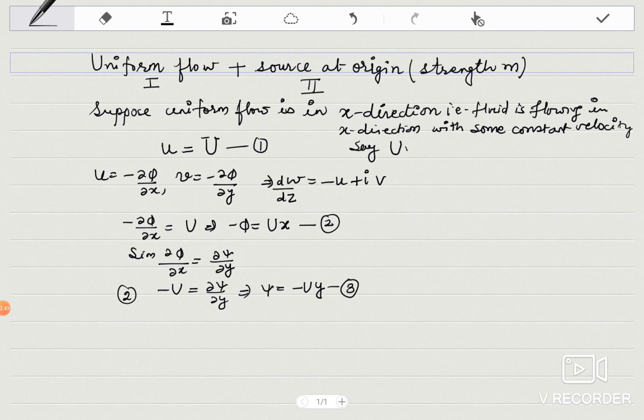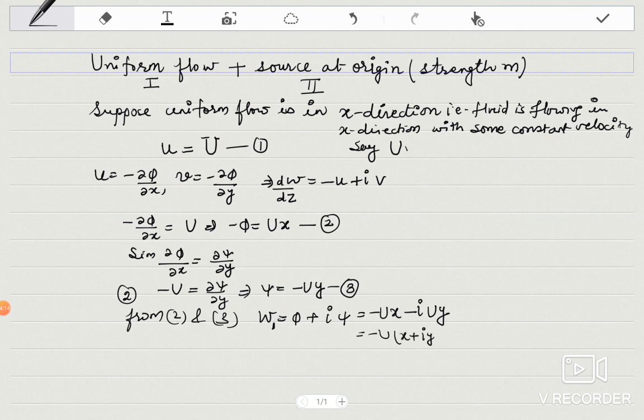So from 2 and 3 I get w, say w1, equal to phi plus i psi. So it is equal to minus Ux minus iUy, because psi is minus Uy, and minus U is common, x plus iy is equal to minus Uz.